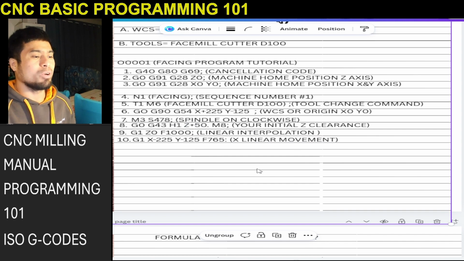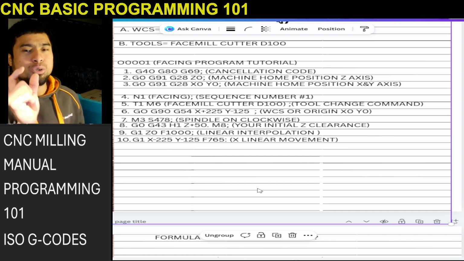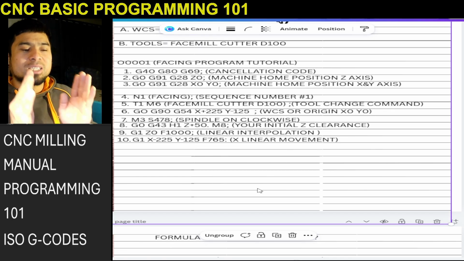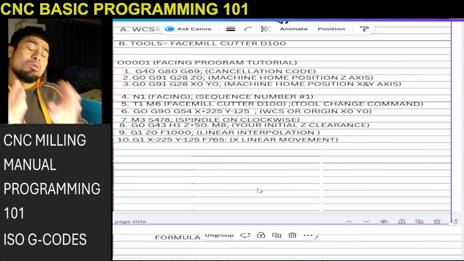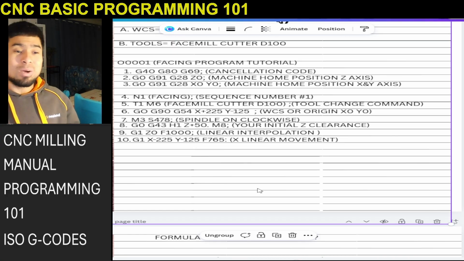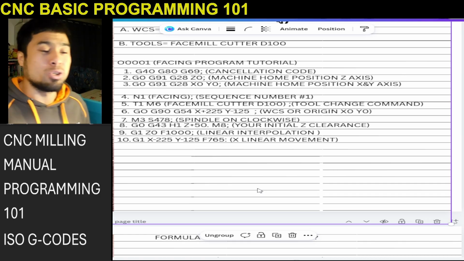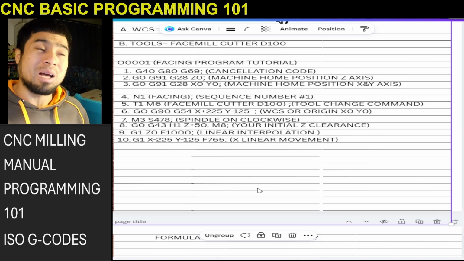So regardless of the material that you are cutting, make sure that you are within the range of feed per tooth recommended by the manufacturer. If the minimum feed per tooth is 0.1, you can use 0.1. You cannot use below that minimum either, like if the minimum is 0.1 and you use 0.05.